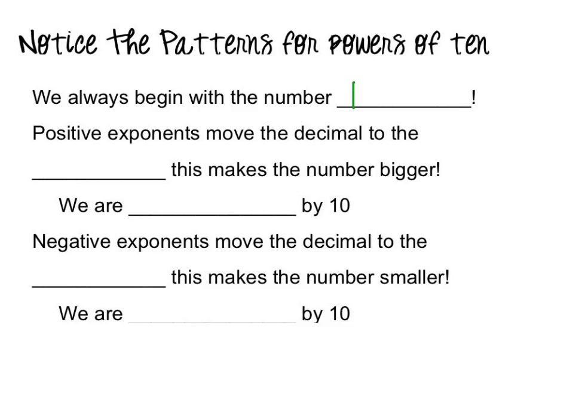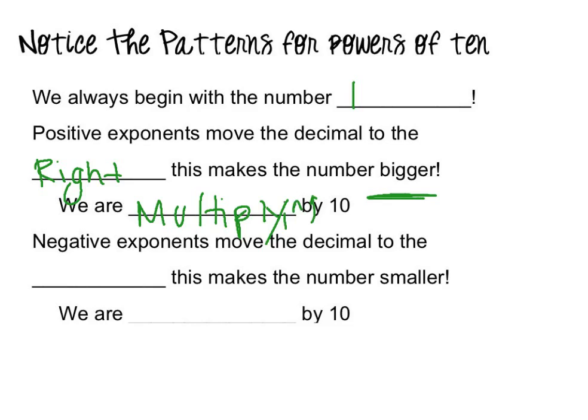The positive exponent, move the decimal to the right, very good. And this created a bigger number. This makes the number bigger. We're multiplying by 10.